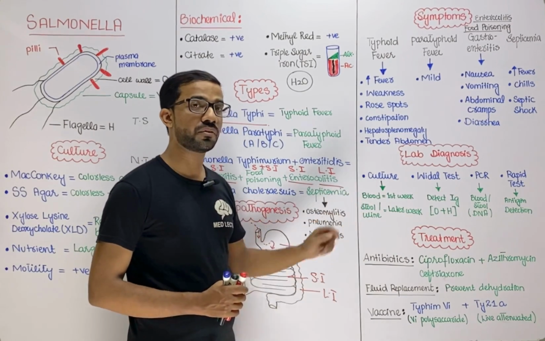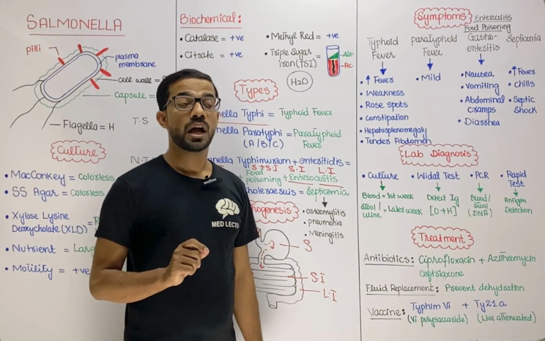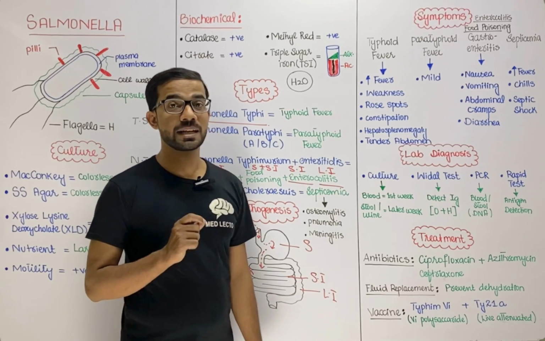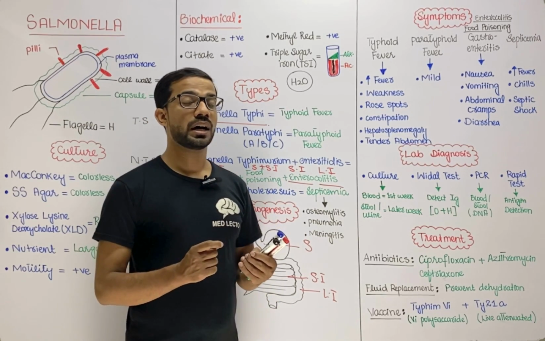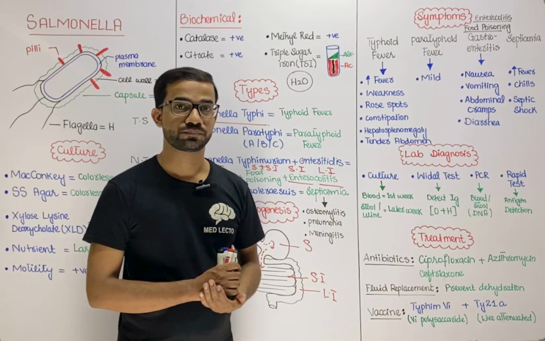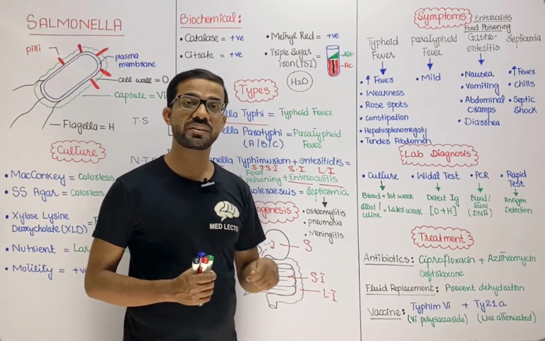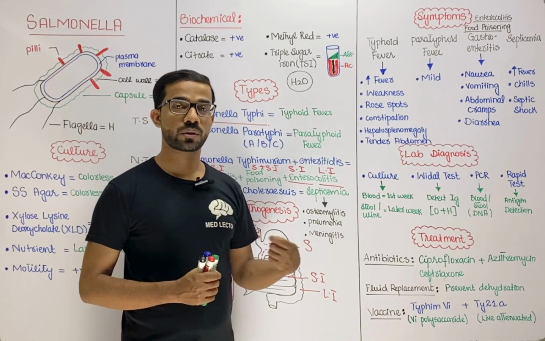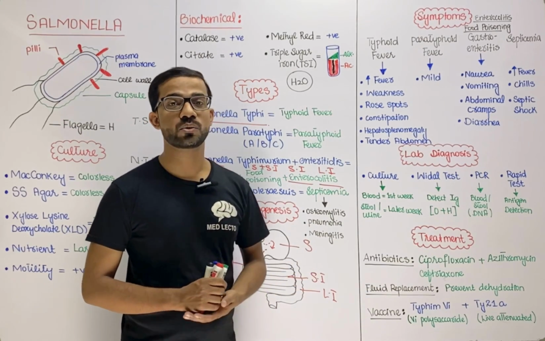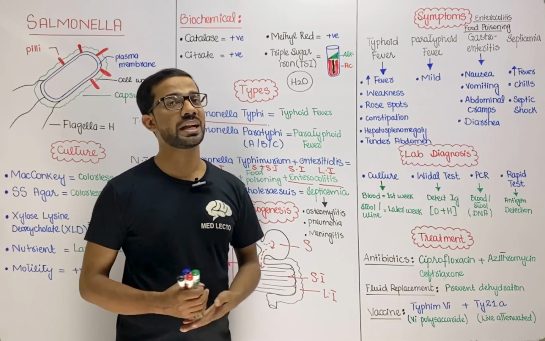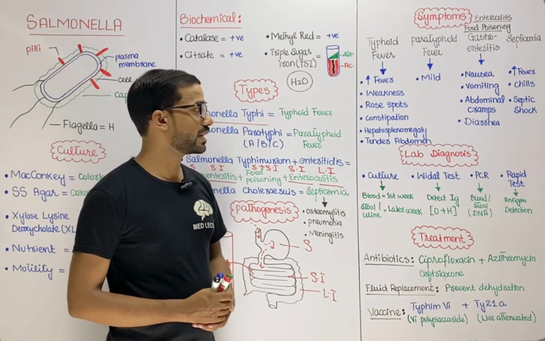But in the first week we will take the blood. But the important thing is we should not take antibiotics before giving the sample. So you have to give the blood sample, and after the results you can take the antibiotics according to the antibiotic sensitivity testing.